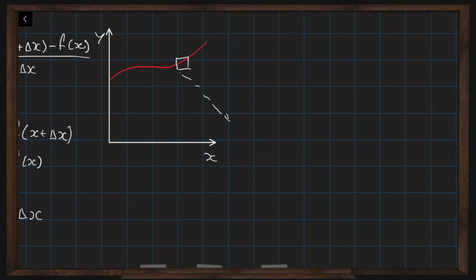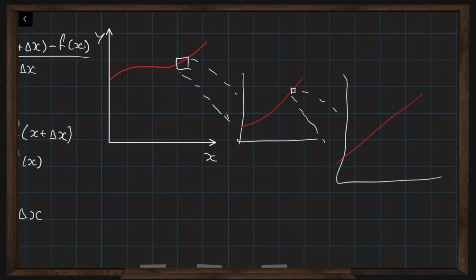Well, if we zoom in, we still have the same problem. That's a bit curvy. But if we look at a really small region like that, then eventually we will find that it becomes a straight line, or it approaches a straight line.